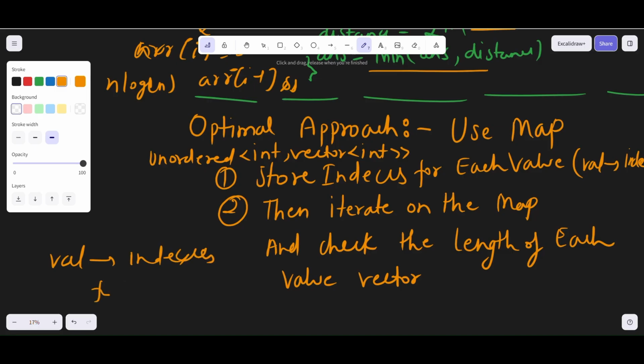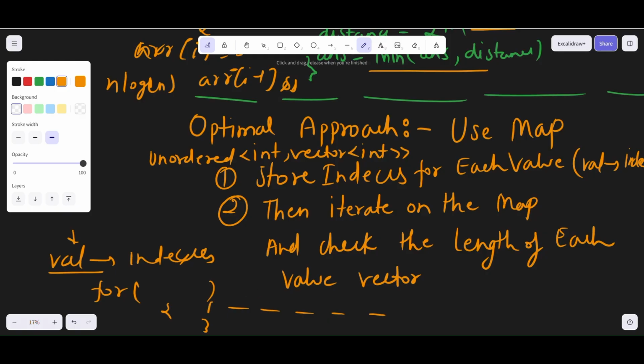After that we iterate through the values, and for each we get a vector of indices. For all those indices we take the minimum of all the distances.